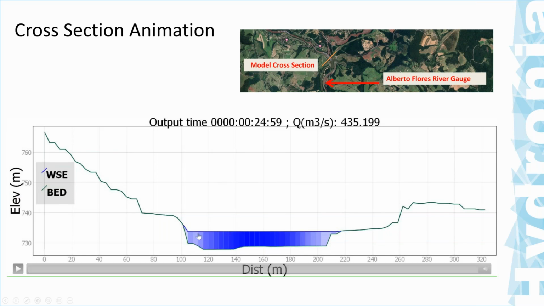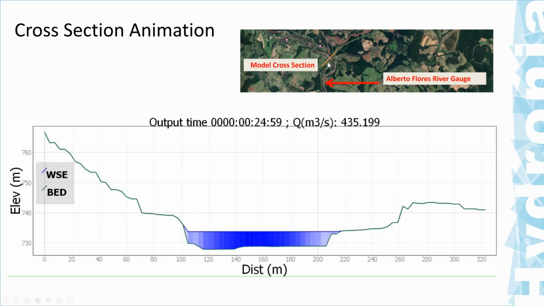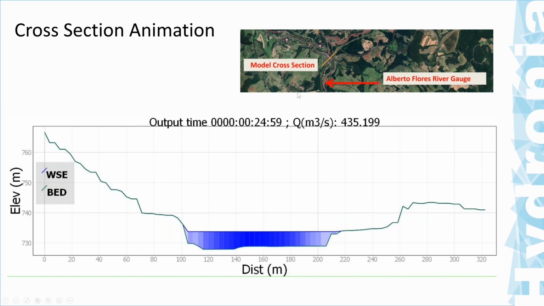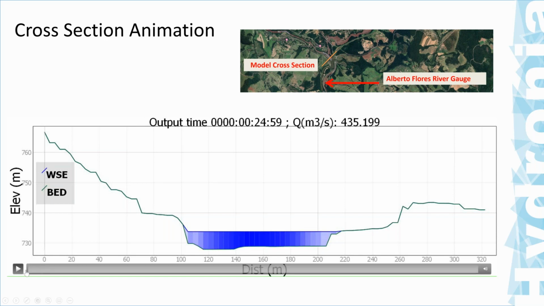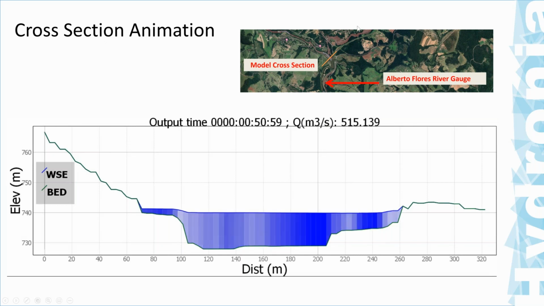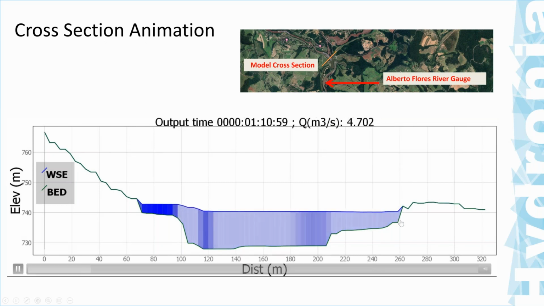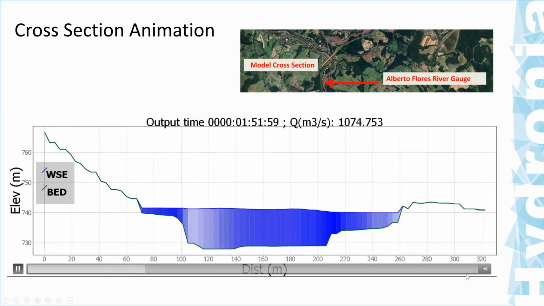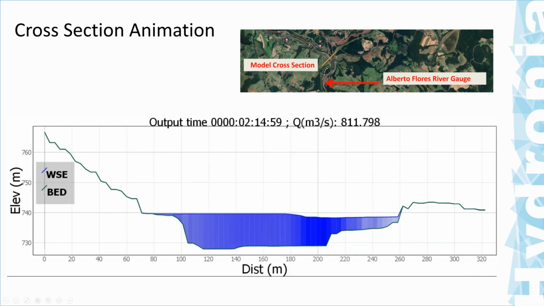Okay, this is a cross section, so you can see a little more detail of what's going on here. And you see here the initial cross section of the Paraopeba River. So the damming effect comes, and then eventually it goes down to its original discharge.